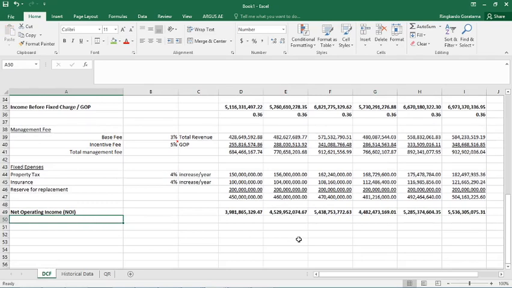And also for the terminal value, let's say the cap rate for hotel is 6%.